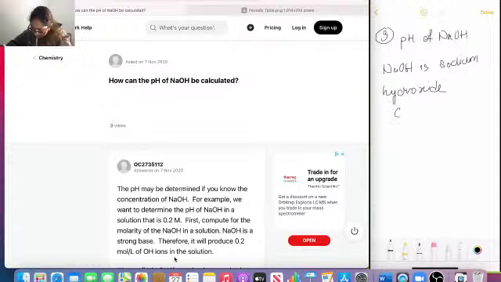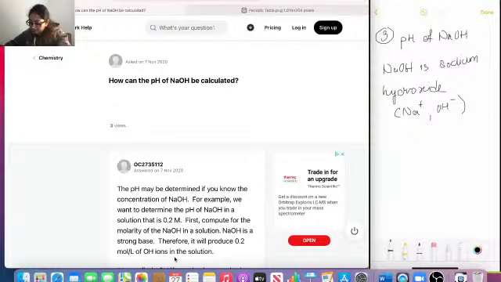Sodium, Na, has a charge of +1, OH has a charge of -1. So when you change the subscripts, basically crisscross, you get NaOH.